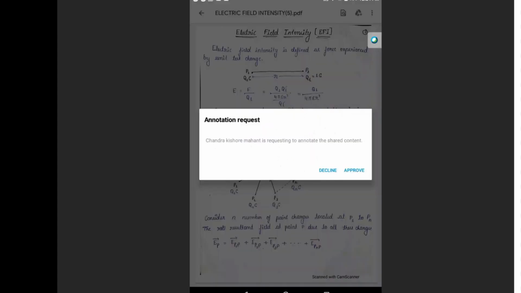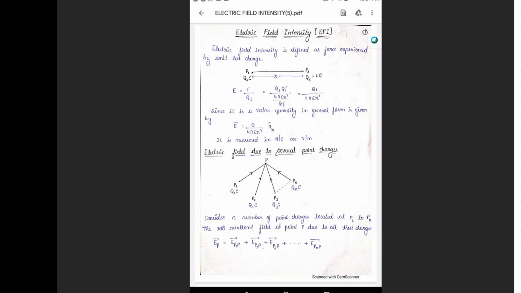We know from Coulomb's law, F is the product of the charges divided by 4 pi epsilon r square. Whatever QT is there, you divide. QT will get cancelled. You get the expression for electric field as Q1 by 4 pi epsilon r square.